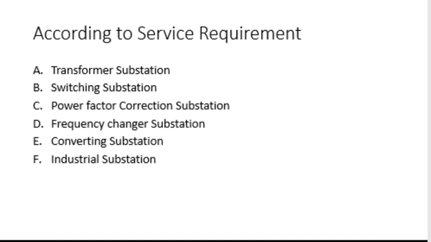At the rectifier end we change from AC to DC, and at the inverter end we change from DC back to AC. So by rectification we can lay down an HVDC line.